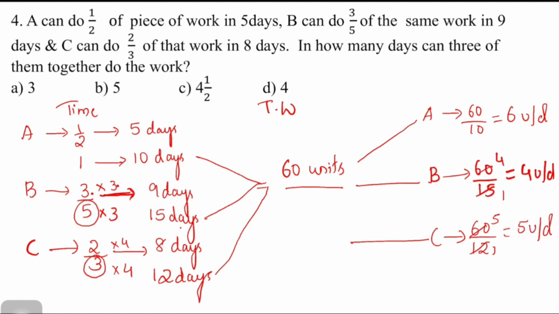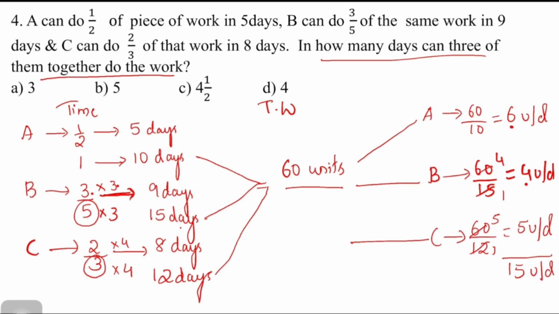Then what is the question? In how many days can 3 of them together do the work? Together, all 3 will complete the work in how many days? Now in one day how much work will they complete? All 3 together, 6 plus 4 plus 5, 15 units they will complete in one day.